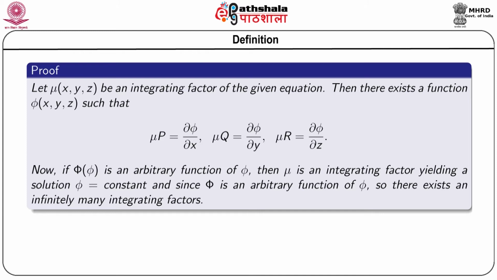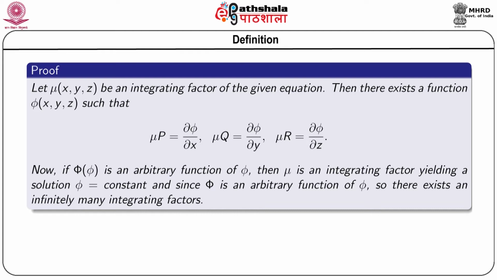And if we recall theorem 1, which says that a Pfaffian differential equation with two variables always possesses an integrating factor, therefore there exists an integrating factor mu such that the expression P dx + Q dy will become the total differential of some function.